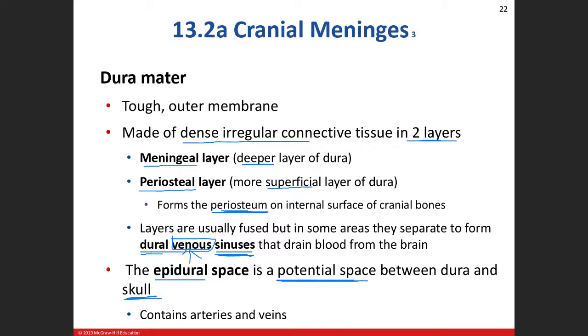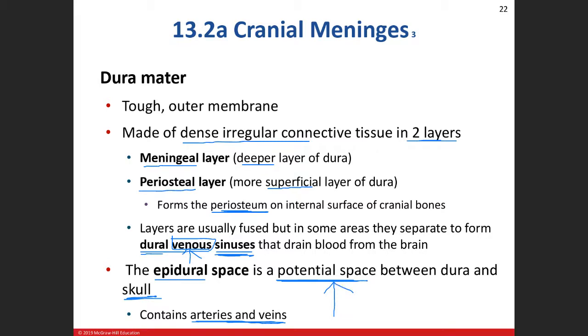But in this space, you need to know this is where we see arteries and veins. So if someone hits you in the head with a baseball bat, or you're in a car accident and your head collides with the windshield, you could damage the arteries or veins. Then you have what's called an epidural hematoma. Blood will bleed into that potential space.